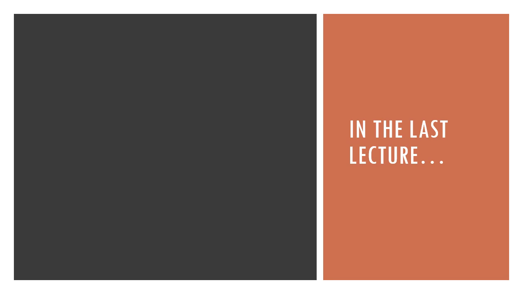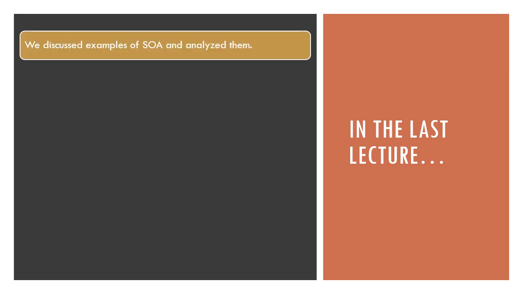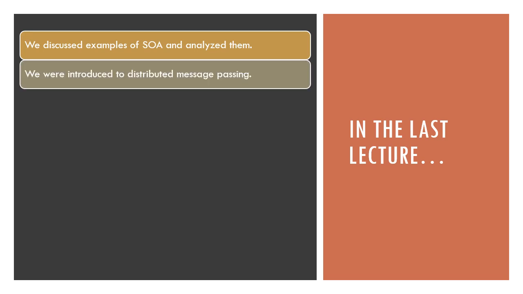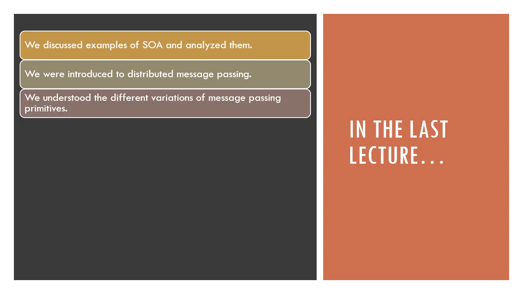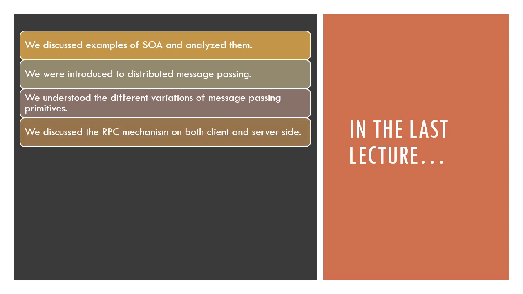In the last lecture, we discussed examples of service-oriented architecture and analyzed them. We were introduced to distributed message passing. We understood the different variations of message passing primitives. We discussed the remote procedure call mechanism on both client and server side.